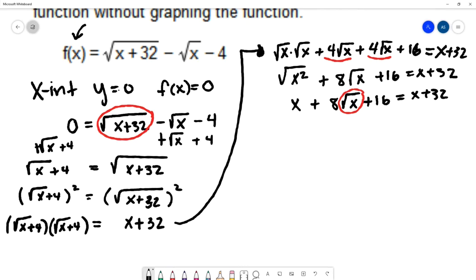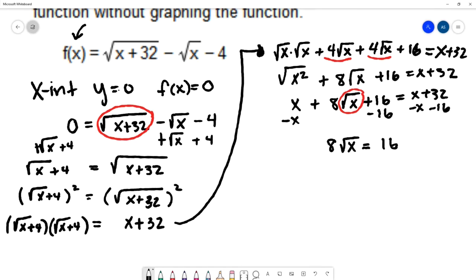So let's subtract x on both sides and subtract 16 on both sides. That gives 8 square root of x on the left, and on the right, x minus x cancels out the x. 32 minus 16 becomes 16.